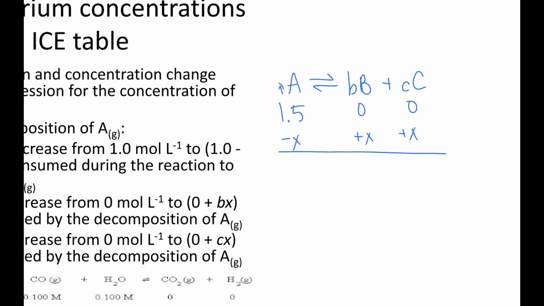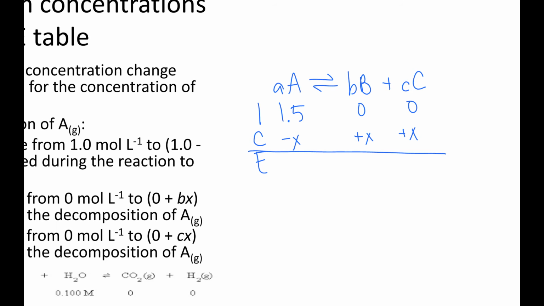So we're going to add up I and C, and then we're going to write it in E. So in this situation for AA, I have 1.5 minus X. I have X and I have X. Please make sure that your ICE table looks just like mine does, except yours should have states of matter. So all I did was add up the columns, just like we do in math, to get these numbers.